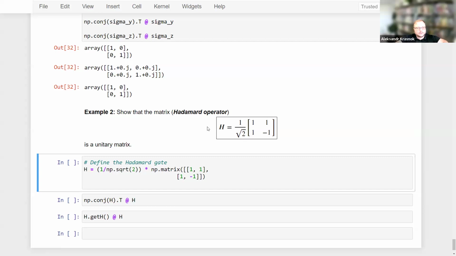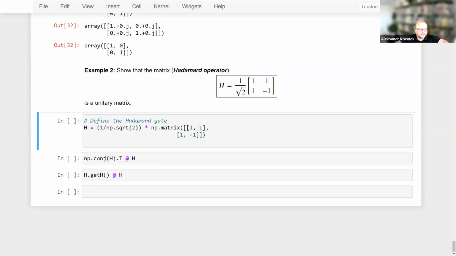We will see that this operator, or this gate, creates a perfect quantum superposition of a single qubit. But for now, let us check that this operator is unitary, right?